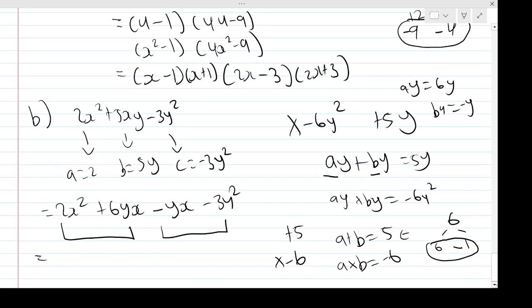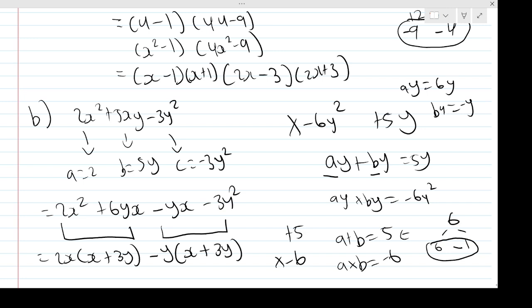So again, I recognize 2 and an x is common to both. So we're going to have 2x times x, and then I'm going to have 3y, because 3y times 2x is 6xy, or yx. And for the second part, I can factor a negative out, but also y is common. So I can factor out minus y, and then I'm going to have x to get minus yx, and then plus 3y.